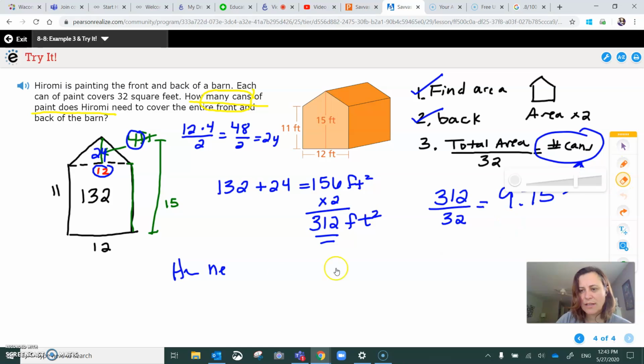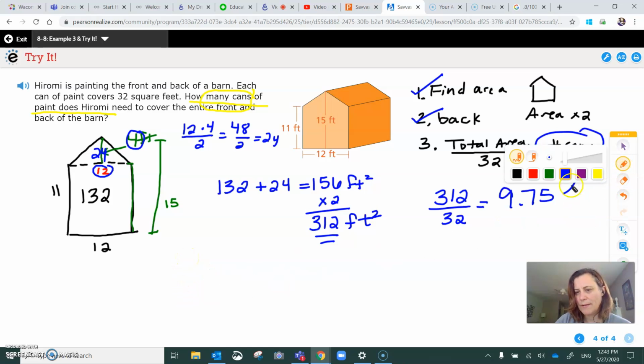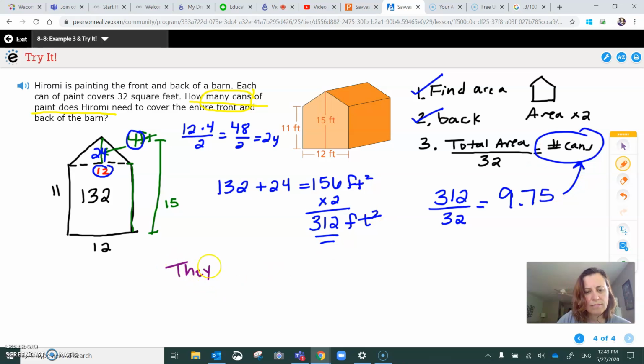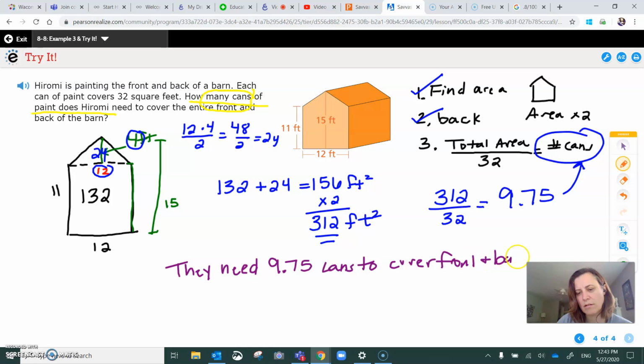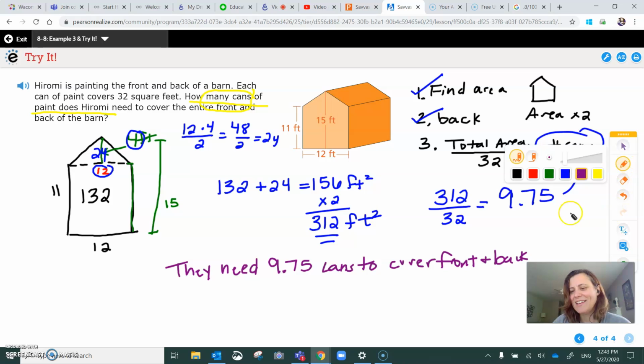I apologize. They need 9.75 cans to cover the front and back. But you can't buy a portion of a can, so Hiromi needs to buy 10 cans of paint.